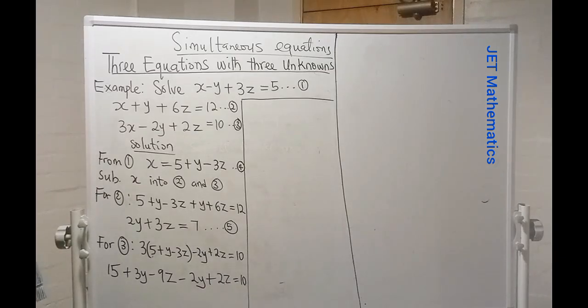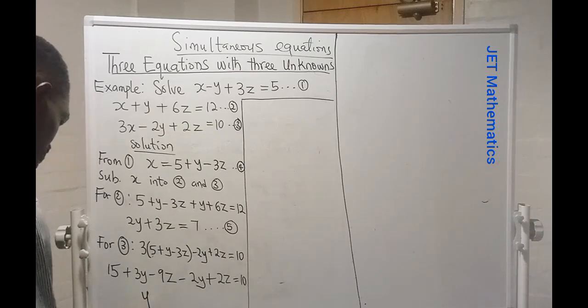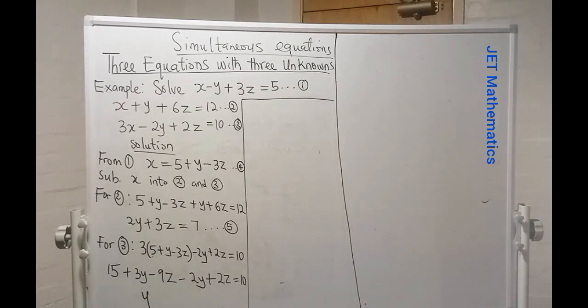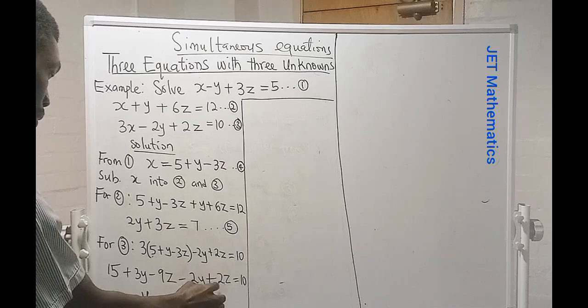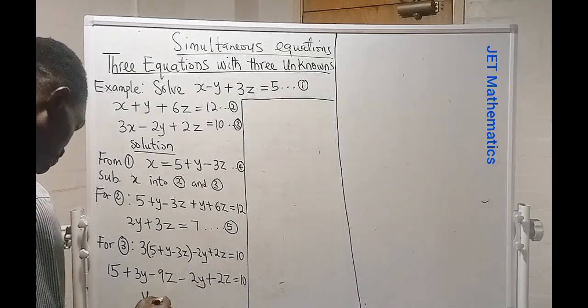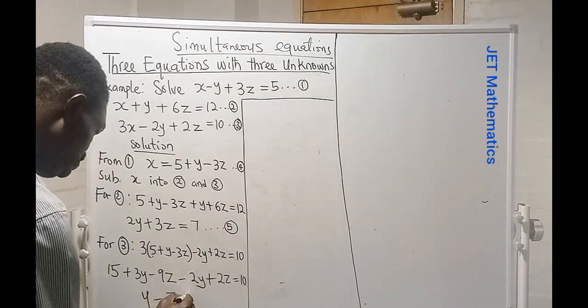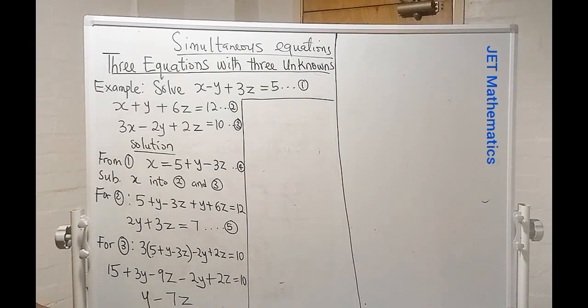So finally, 3y minus 2y gives us y. Then minus 9z plus 2z gives us minus 7z.